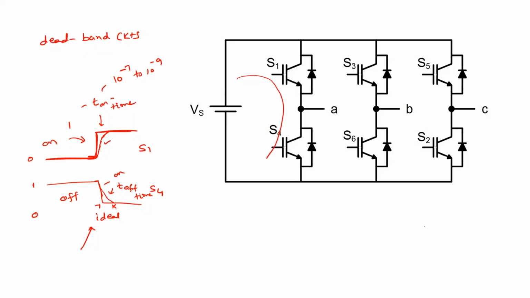So what we have to do is intentionally delay the pulses. For example, this is the actual thing, and we need to give some time delay, something like this.